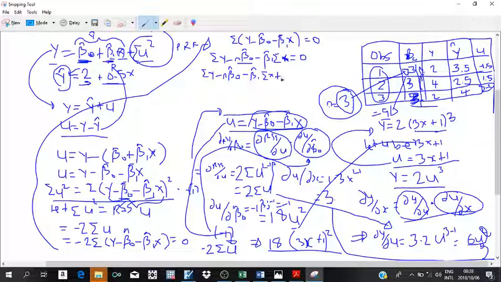So here we add it, so that we have n beta hat naught on this side. Okay, so you can see that this and this go away. So I'm going to rewrite this specification starting with n beta naught. So we have n beta hat naught is equal to this minus this.